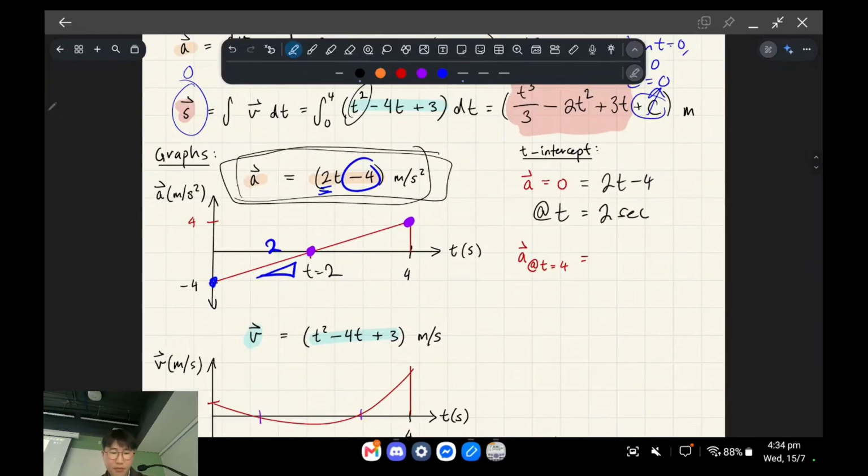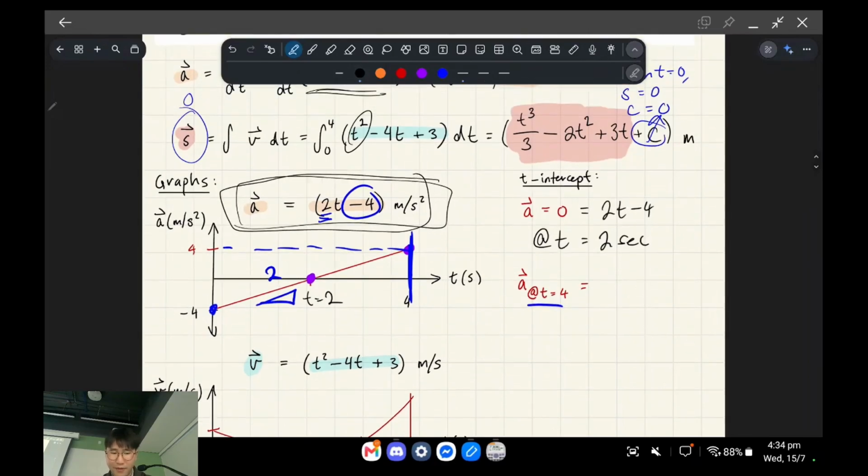The other one is going the other way, so we plug in that time is equal to 4, and we want to find where this hits vertically. So we have our function again, 2t minus 4. We plug in t equal to 4, so 2 times 4 minus 4 gives us 4 meters per second squared, okay?